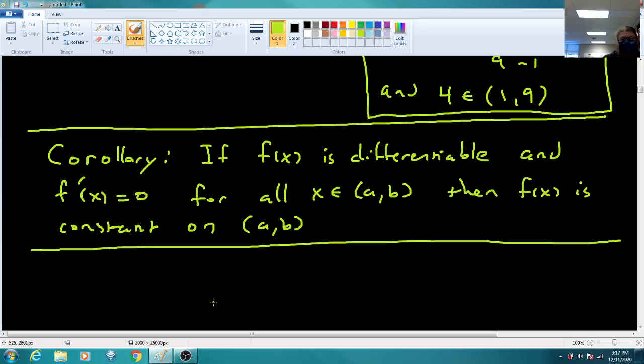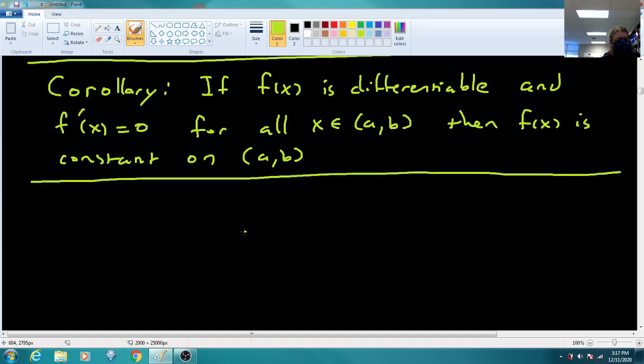Okay, we're going to define a couple things here, and then we'll do the rest of it in another part. I'm going to define what it means for functions to be increasing and decreasing.